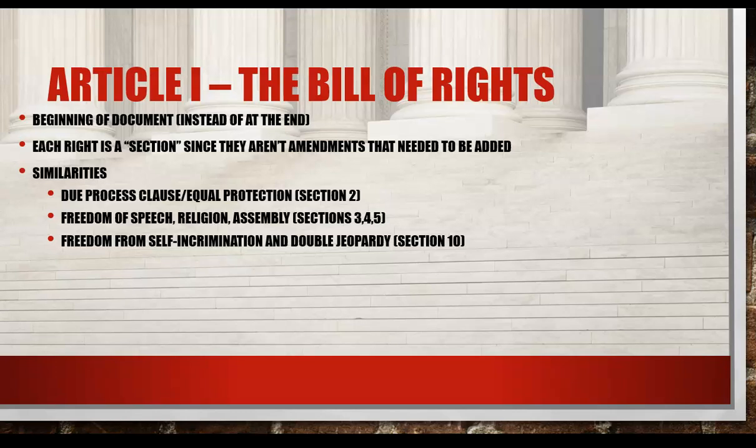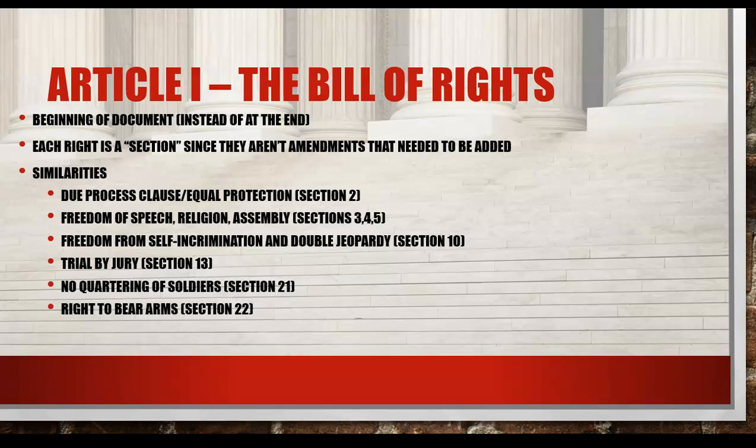So that's in Section 10 of the Illinois Bill of Rights. We have the right to a trial by jury. That's in Section 13 of the Bill of Rights. We also have upheld that you should not be forced to quarter soldiers in your private residence. That is in Section 21 of our Bill of Rights. We have a right to bear arms in Illinois.